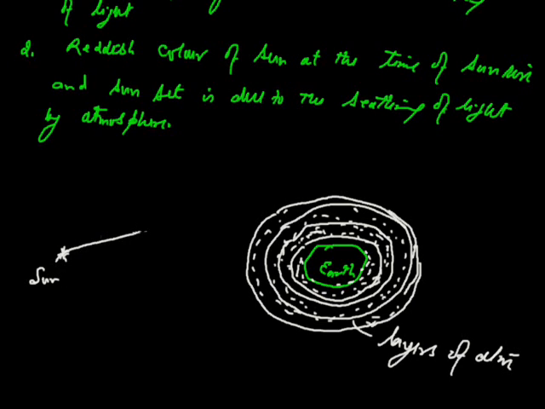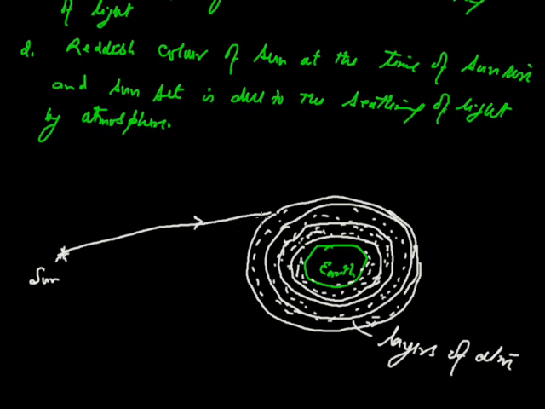Sunlight falls on Earth's surface, which means first of all it will enter the atmosphere. In the atmosphere there are dust particles, water droplets, and gases, so they will scatter. The scattering of blue color will be more because the wavelength of blue, violet, and indigo is less in comparison to the red and orange colors.